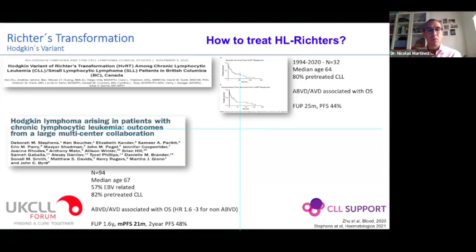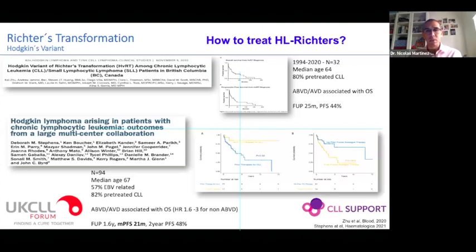Basically, the people who did not receive ABVD had a 1.63 times higher probability of death and progression compared to the ABVD treated patients, and the median PFS is about 24 months, and the 2-year PFS, which probably equates to long-term remission for Hodgkin, is about 50%. So not bad. You can see the curves here.